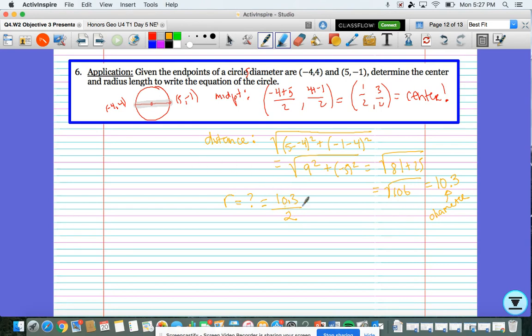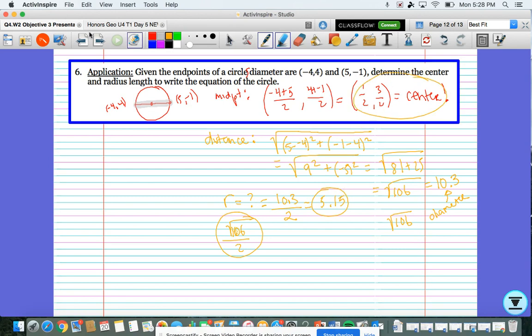So 5.15. Some of you might be leaving this as the square root of 106 divided by 2 and just leaving it like that. So that's fine or that's fine.